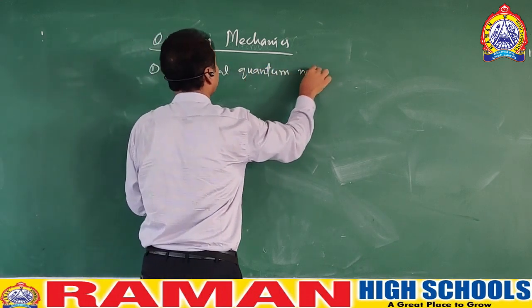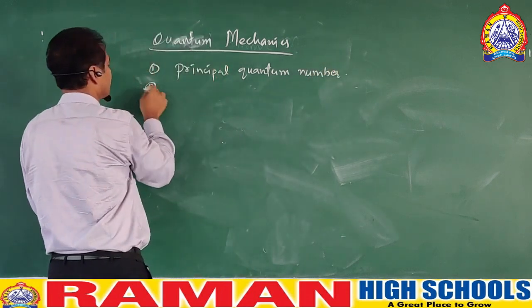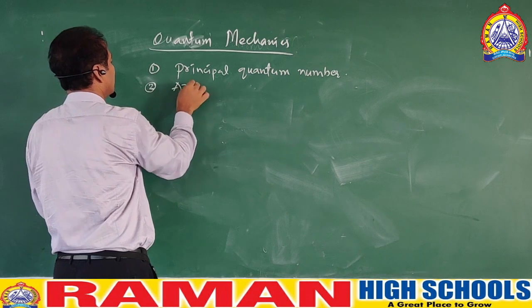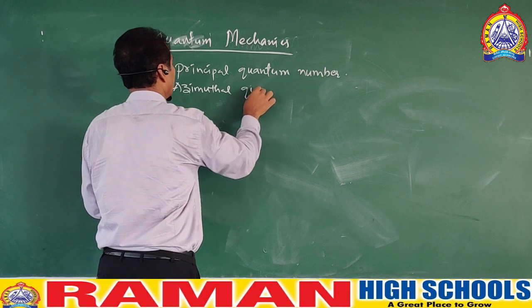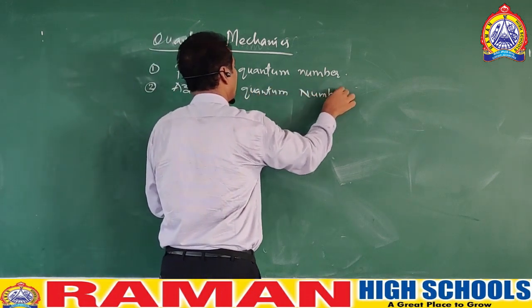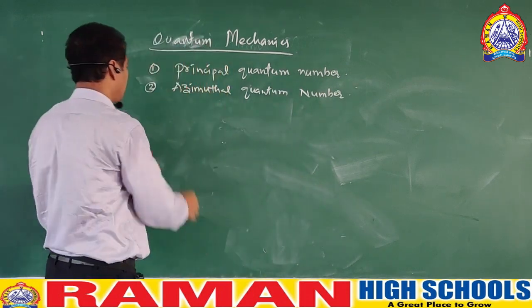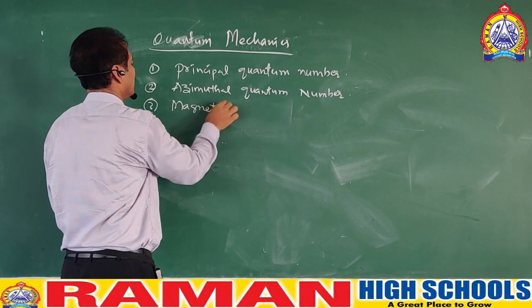Principal quantum number. Second one is the azimuthal quantum number. Third is the magnetic quantum number.